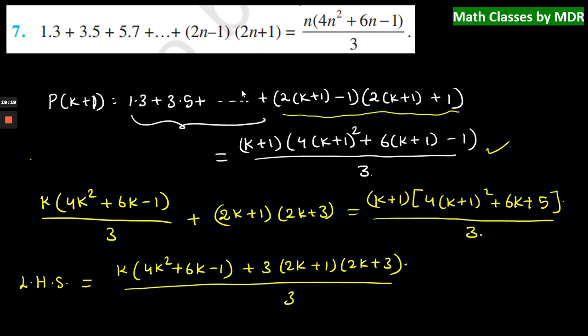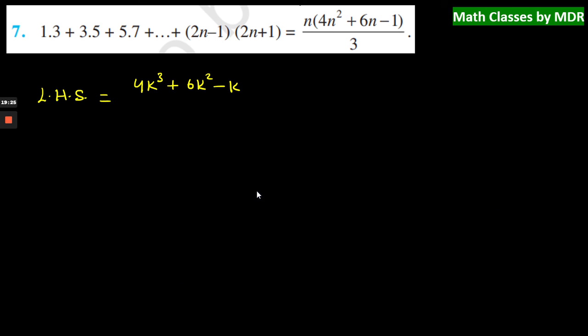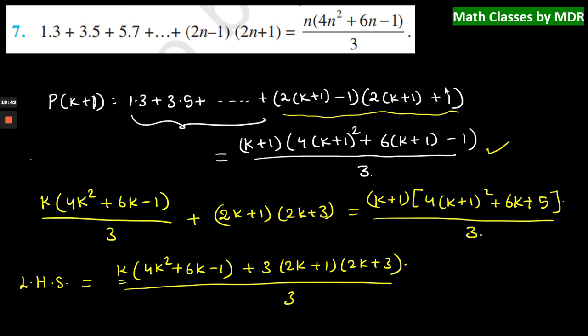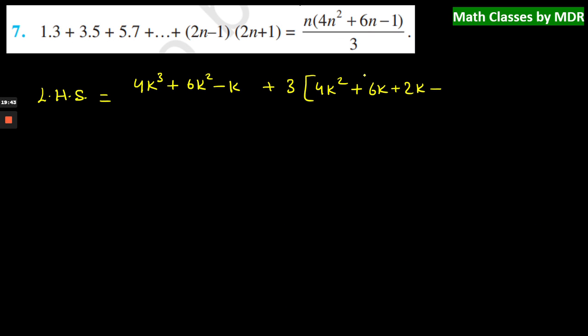So first I have multiplied this k by all the terms inside the brackets, plus 3 into 2k plus 1, 2k plus 3, that will be 4k square plus 6k, right, plus 2k plus 3, upon 3.